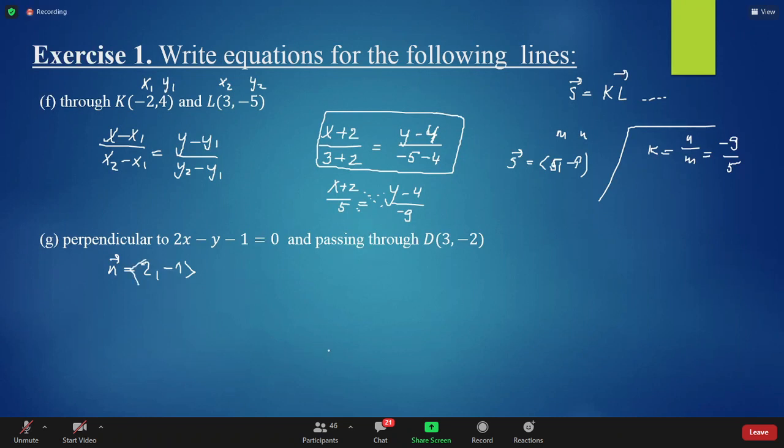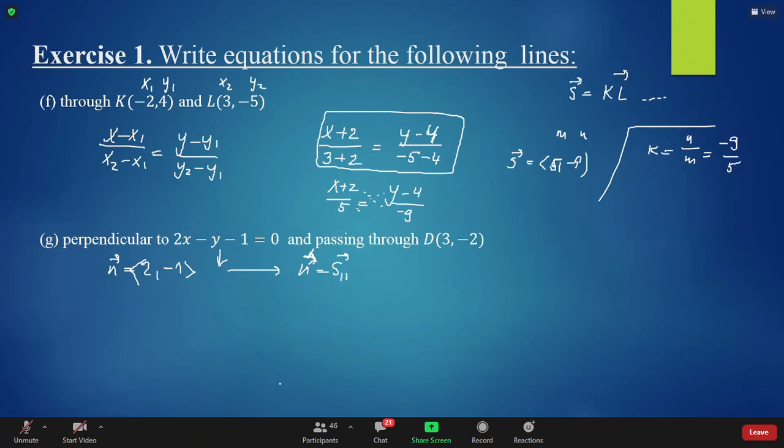You could say, for instance, the normal vector of this line will be the direction vector of this new line. So the normal vector of the given line will be the direction vector of the new line. Okay, I will write S new.